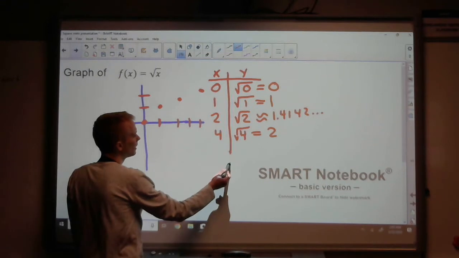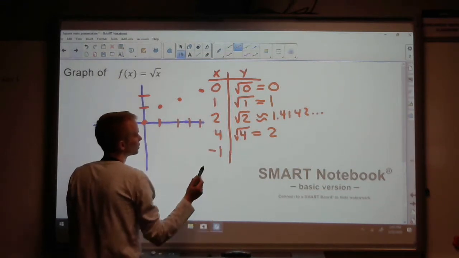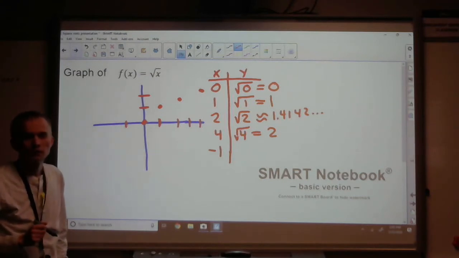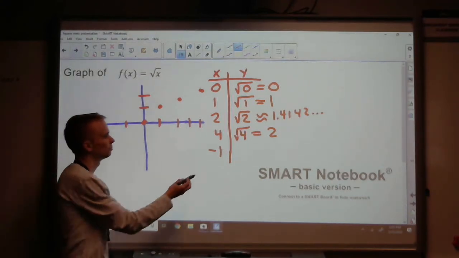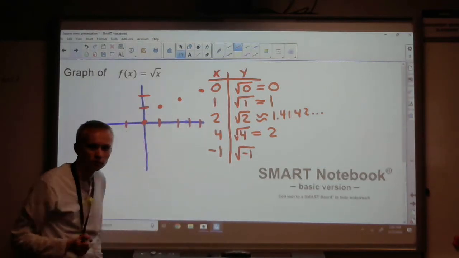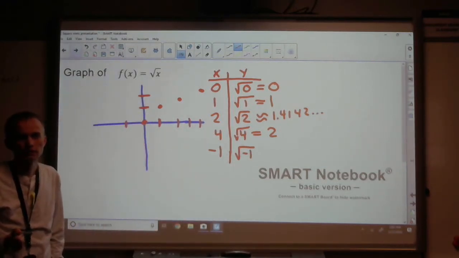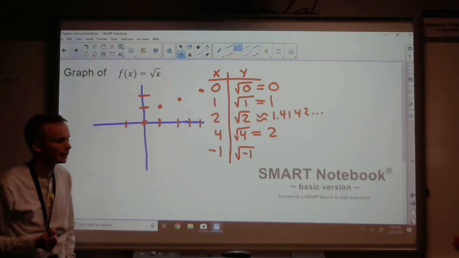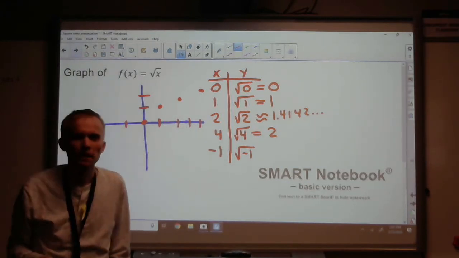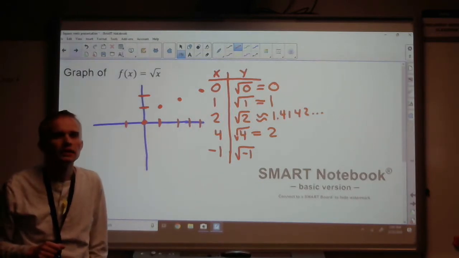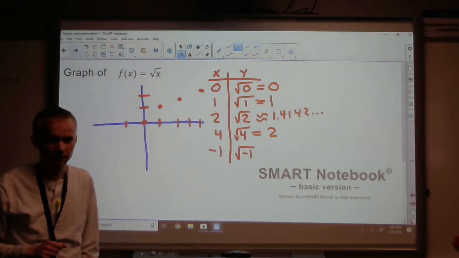Let's plug in a negative number, okay? So let's do like -1, so like right over here. So what happens when you plug in -1? You get the square root of -1. And what happens with that? Do you remember? The square root of a negative number doesn't exist, right?